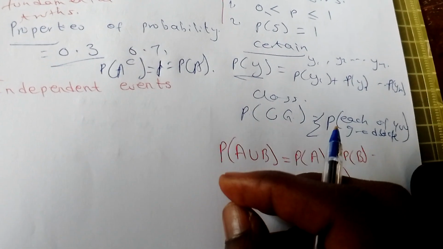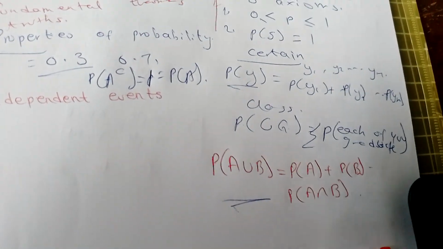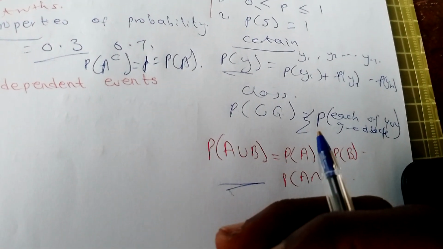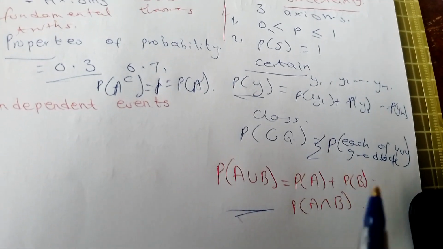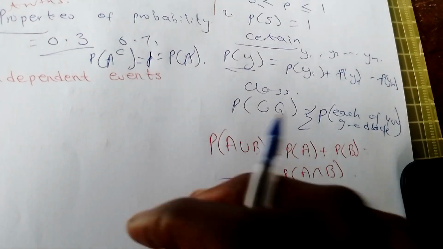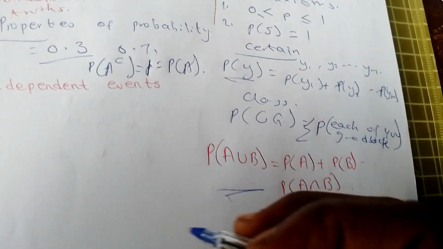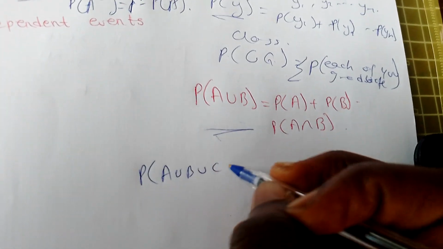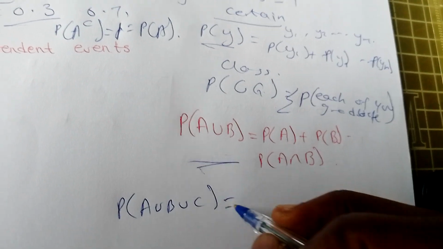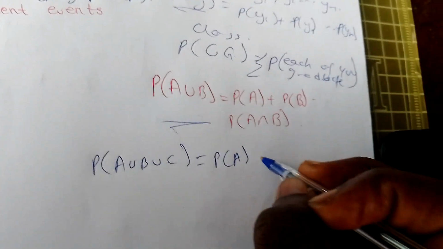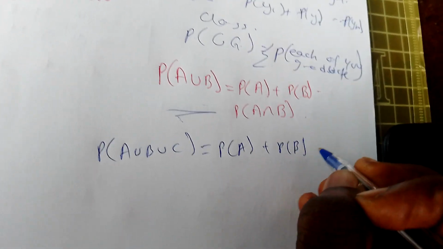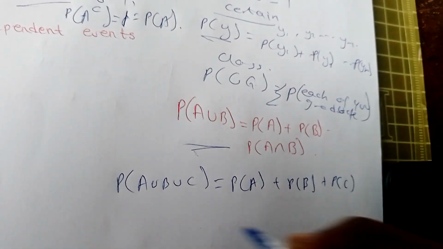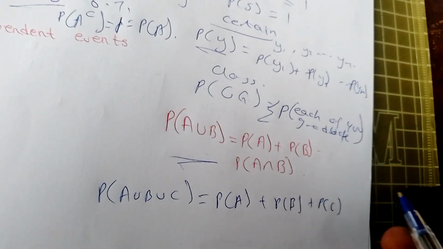And then, if you have 3 events, say the probability of A union B union C, that would be the probability of A plus the probability of B plus the probability of C, right? Then from here, you start doing your subtractions.